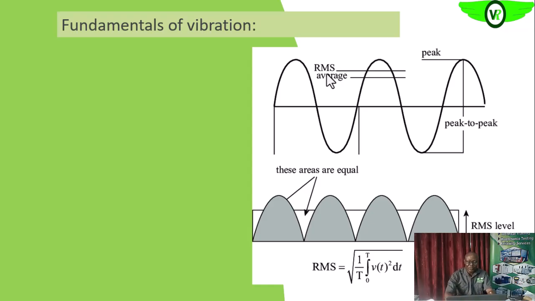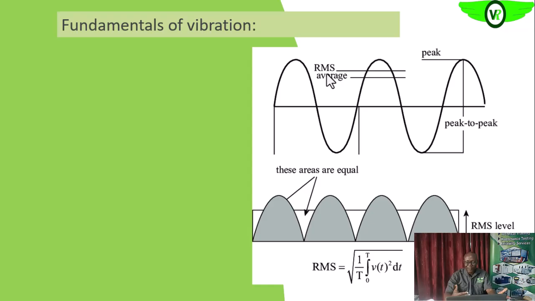So what this means is that, assuming we have 3 samples from the vibration information that we collected over a particular unit time, let's say per second, we were able to get 3 samples.